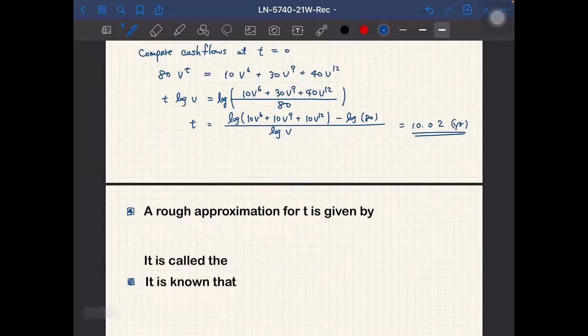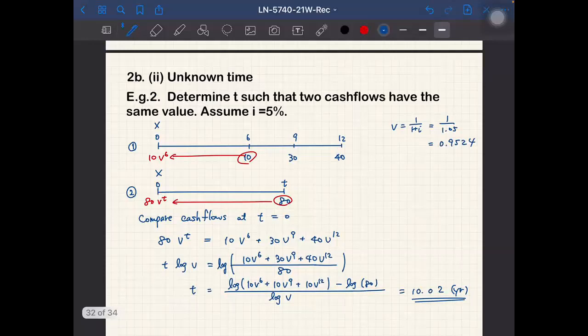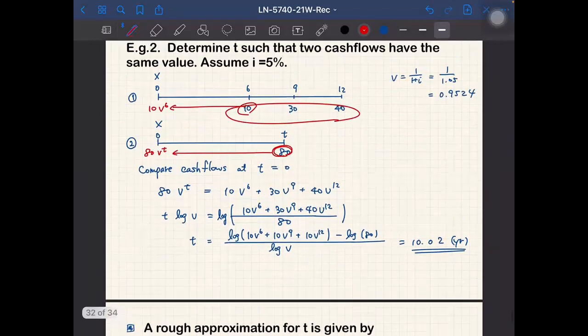We can use a linear approximation, basically. You can see that this $80 is the same as the total of these 10, 30, and 40. So if we think about the weighted average of these 6, 9, and 12 years, then you can get t. The weights are 10, 30, and 40. It's just a rough, linear approximation. So we have $10 at 6, $30 at 9, $40 at 12, and we use 10, 30, 40 as the weights for 6, 9, and 12 years.